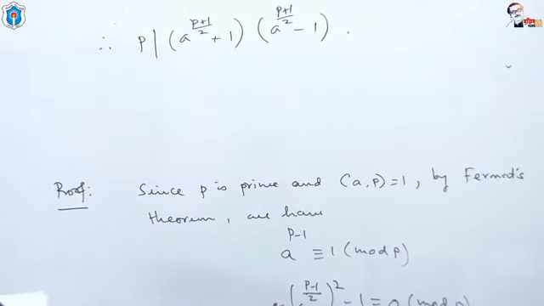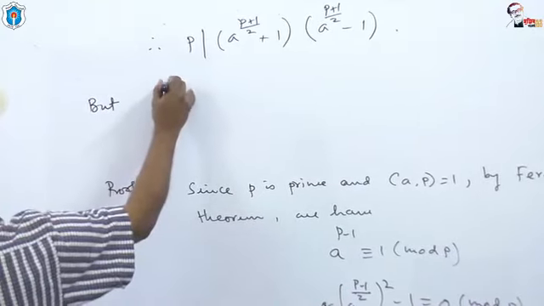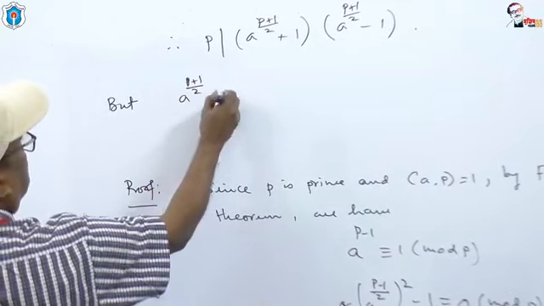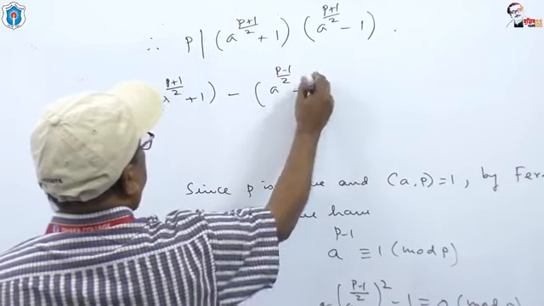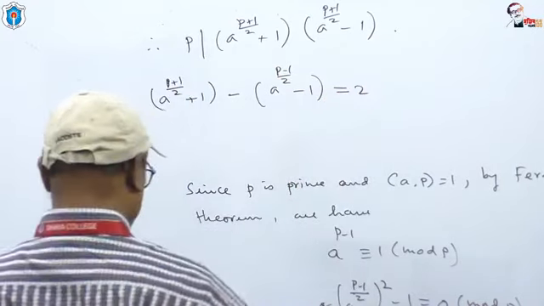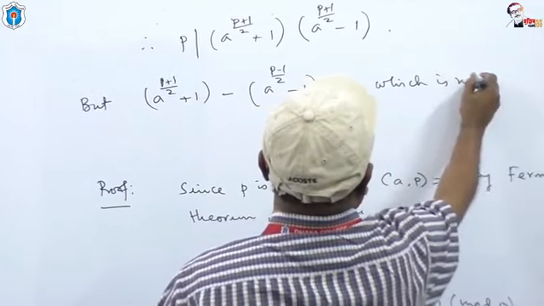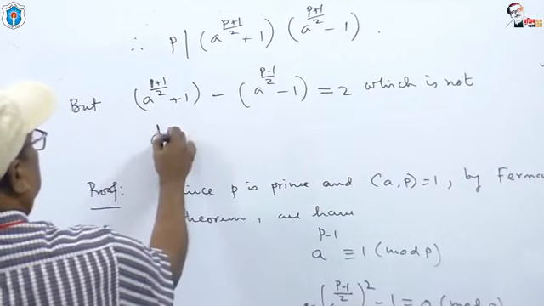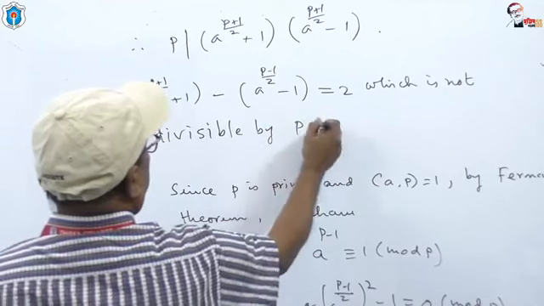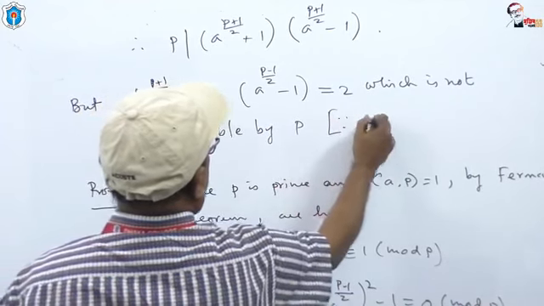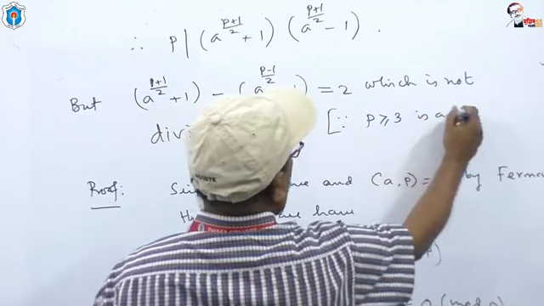But a to the power (p plus 1)/2 plus 1 minus a to the power (p minus 1)/2 minus 1 equal to 2, which is not divisible by p, because p is greater than or equal to 3, a prime.